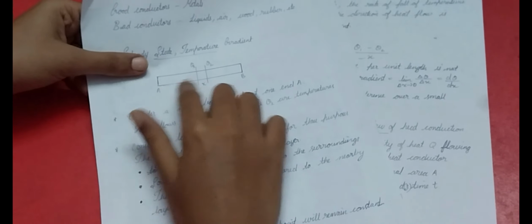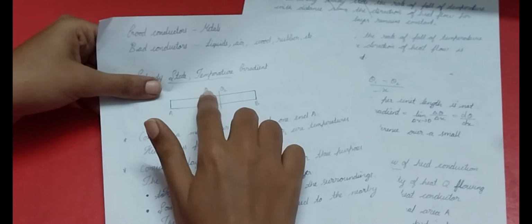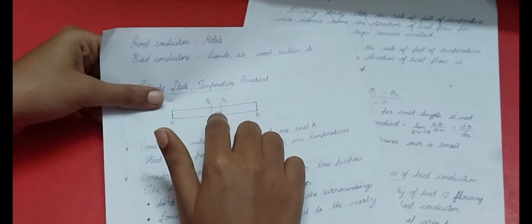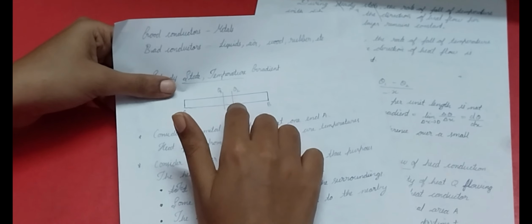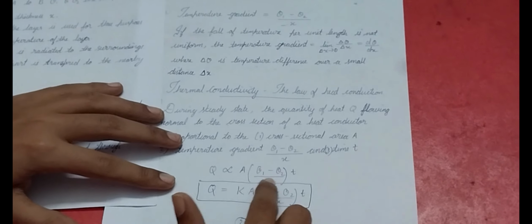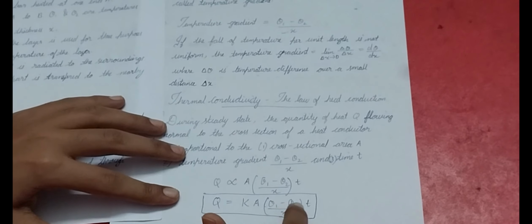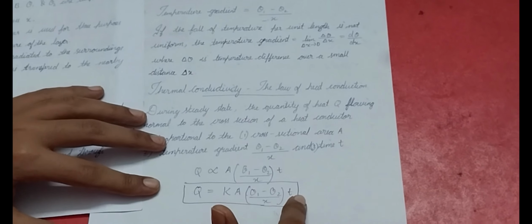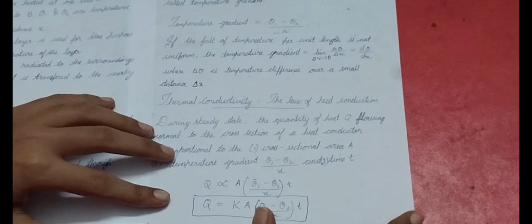During steady state, the quantity of heat flowing through this layer is proportional to its cross-sectional area, temperature gradient (theta 1 minus theta 2) by x, and time. Now we put all this into an equation. The proportionality symbol is replaced by a proportionality constant. Q is equal to K A (theta 1 minus theta 2) by x into t, where K is the coefficient of thermal conductivity. This is known as the law of heat conduction.